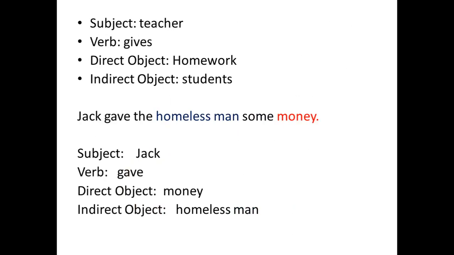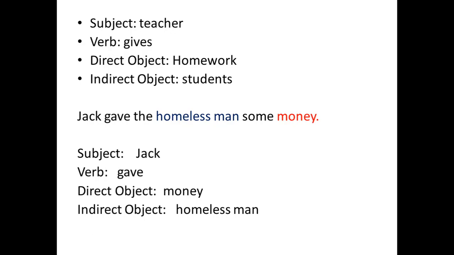Look at another example. Jack gave the homeless man some money. Jack is your subject. Verb is gave. Money, on the other hand, is your direct object because, again, don't forget the question for direct object is what?